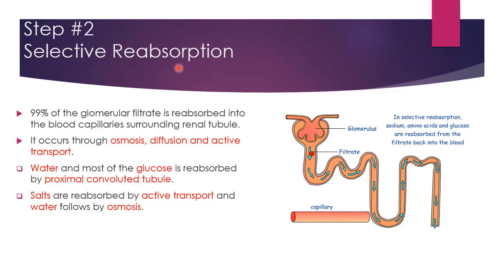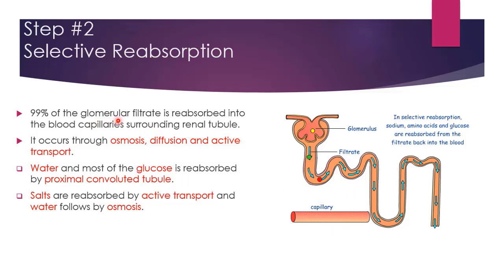Second step, selective reabsorption. When the glomerular filtrate passes from glomerulus into the proximal convoluted tubule, this filtrate is reabsorbed here by different capillaries which surround the renal tubule.